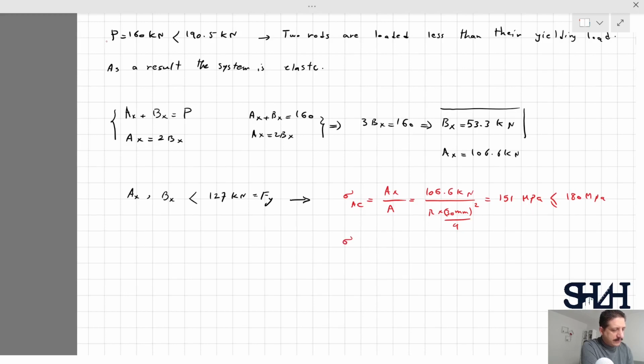Also in the other element, BC, it is BX divided by area, 53.3 kilonewton divided by pi times 30 millimeter squared divided by 4, which will be 75.5 megapascal, still smaller than 180 megapascal.